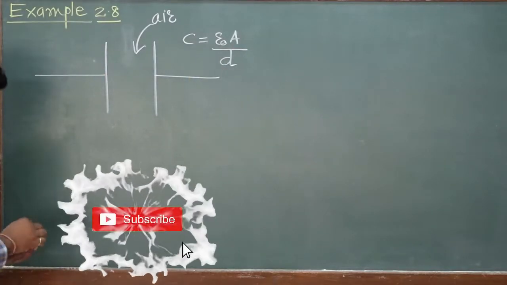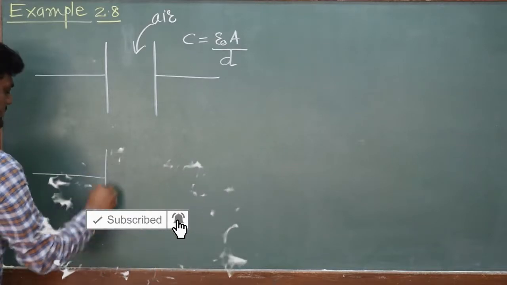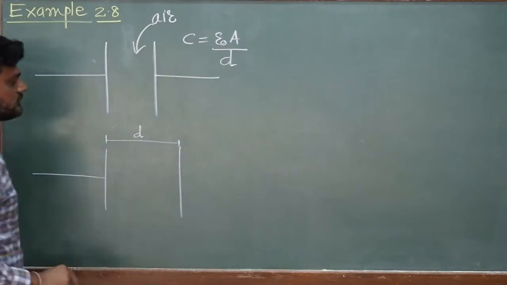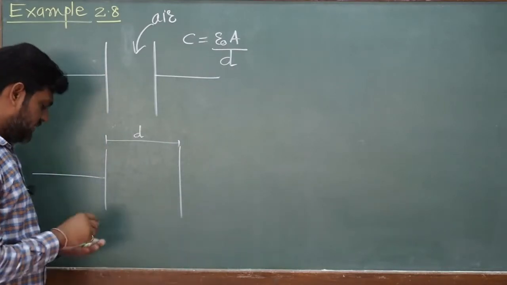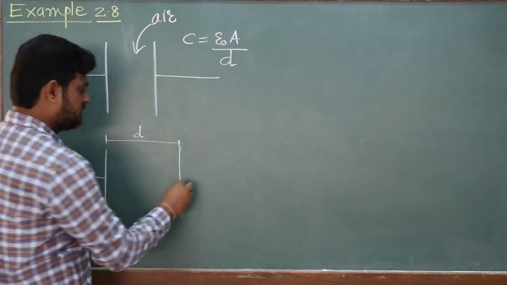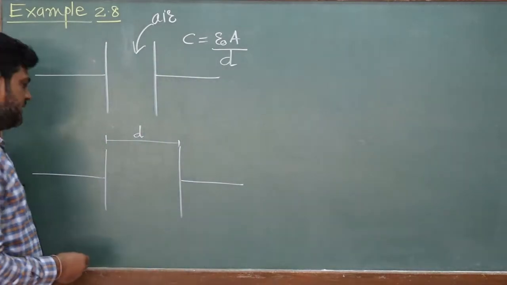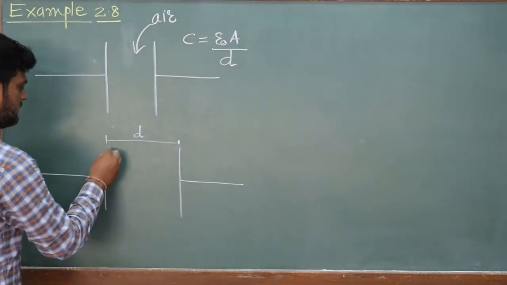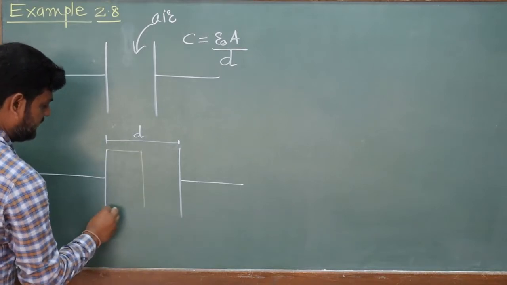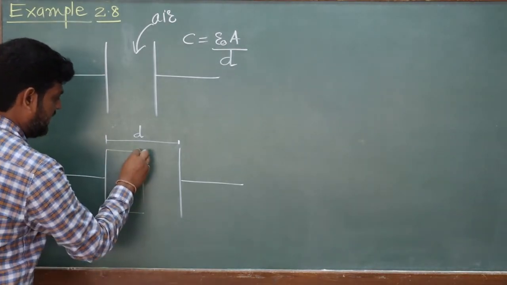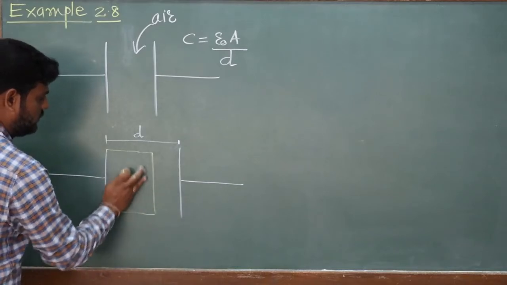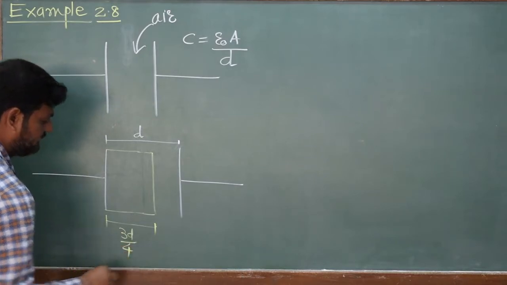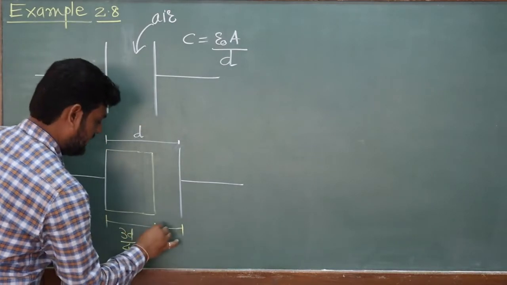The question is, suppose we have a capacitor, and the separation between the two plates is D. Some dielectric material with dielectric constant K is inserted up to a width of 3D by 4, and the remaining distance we can easily calculate.